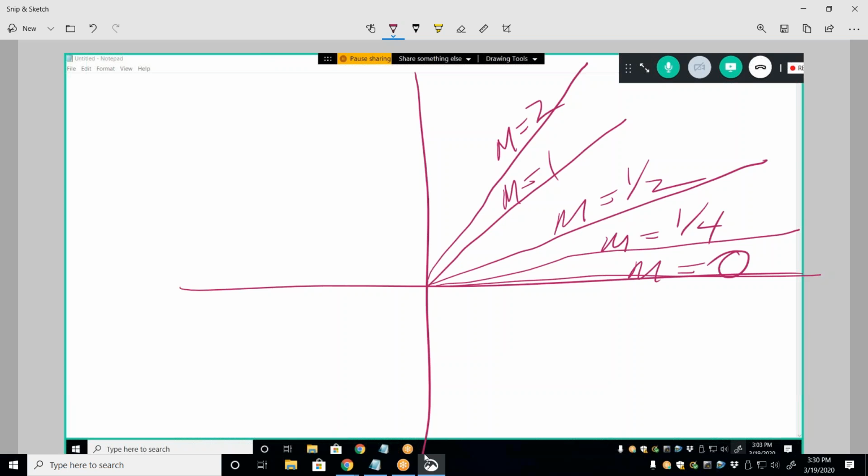Now let's go the other way. That slope right there is like 10. And if I get even steeper, that's like 100. And that would be like 1,000. So what are we headed for here? By the time we reach a vertical line, what number are we approaching?